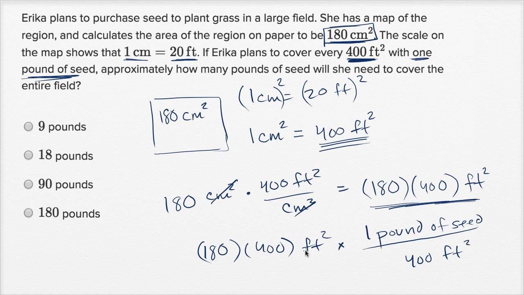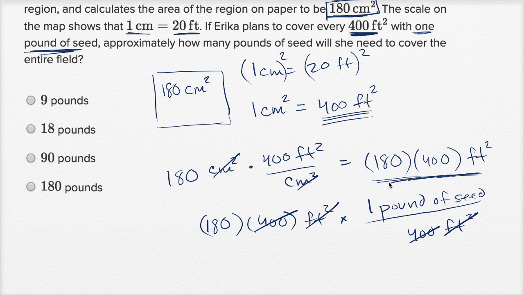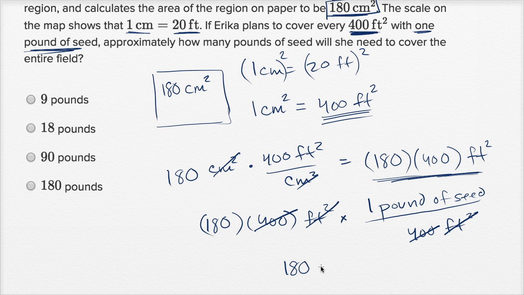If we look at it, the units cancel out, square feet divided by square feet. And then we have 400 divided by 400. And we're left with 180 times 1 pound of seed, which tells us that we're going to use 180 pounds of seed, which is that choice right over there.